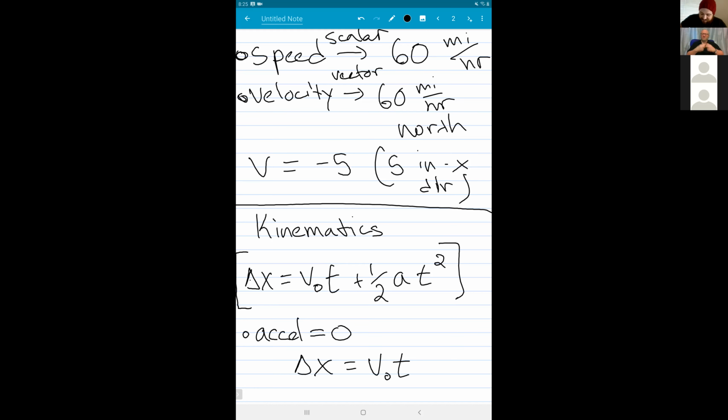Your velocity times your time is the distance traveled, right? Or you can divide that equation by time on both sides, so your distance traveled divided by the time it took you is your velocity. Okay, so on and so forth. That's one that we've all pretty much worked with at some point or another. That's for acceleration being 0.